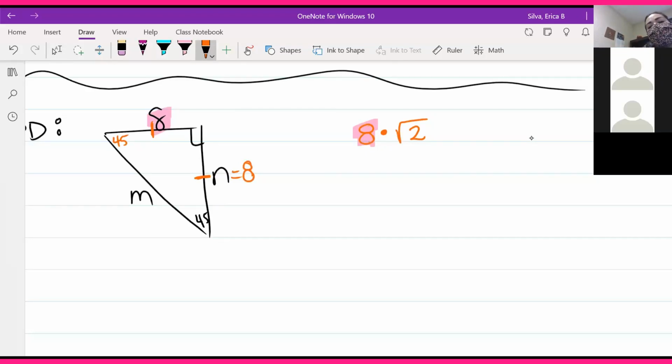So we do 8 times square root of 2, and we get 8 square root of 2. So m is equal to 8 times the square root of 2. And if they give you the hypotenuse, you would just go the opposite direction. Go ahead and try the next one.